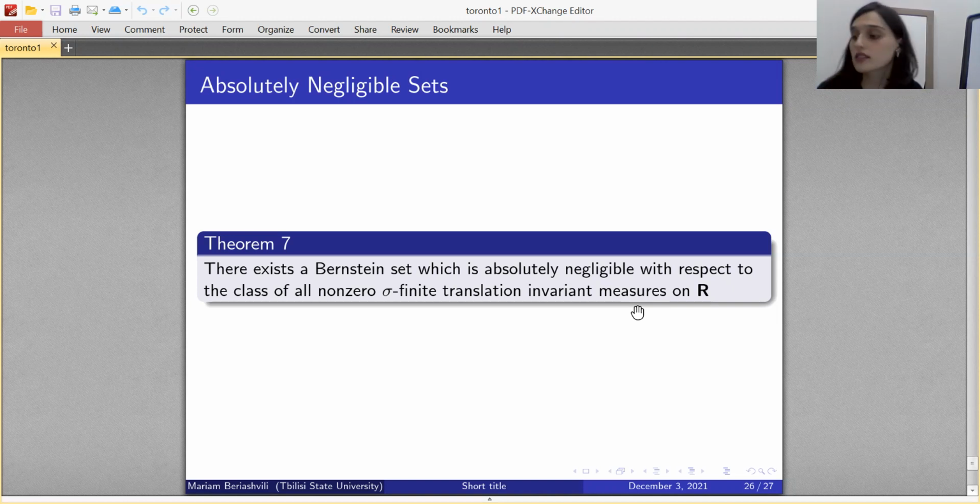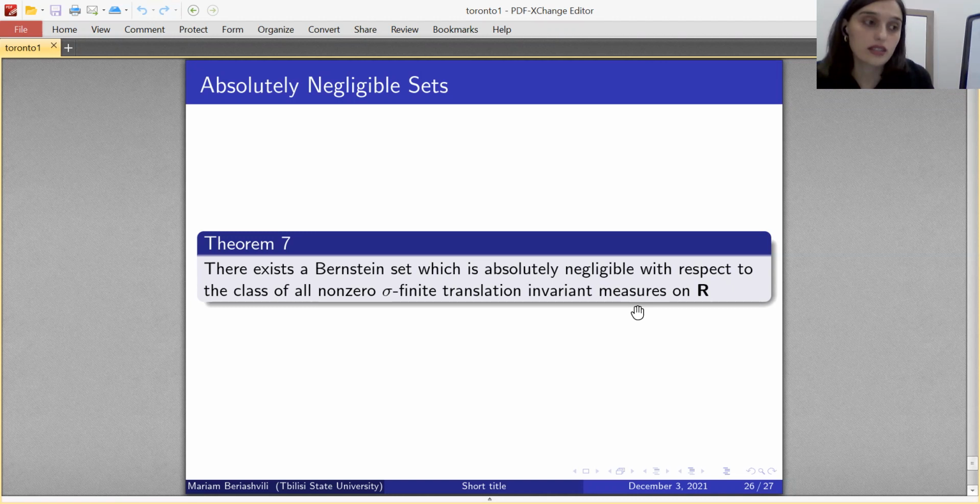And the Mazurkiewicz set is a set P such that for every perfect non-empty set, the intersection of P with it is non-empty, and its complement is also not empty. Then we say that P is a Mazurkiewicz set. So Mazurkiewicz sets have many interesting properties in the sense of measurability.